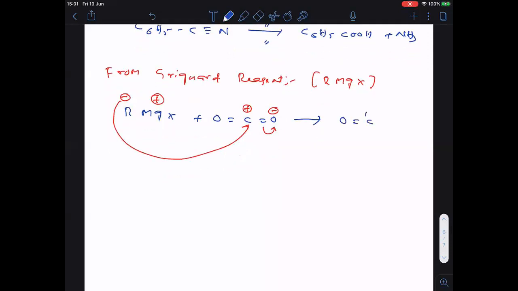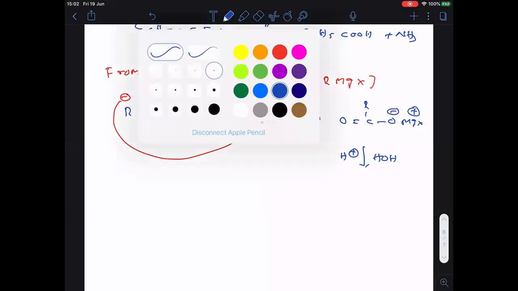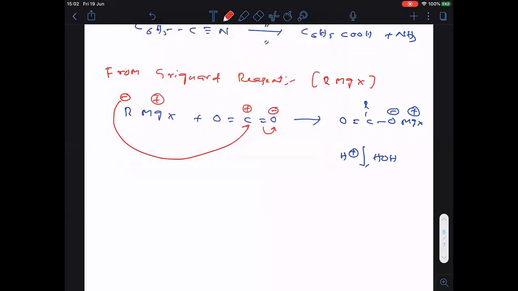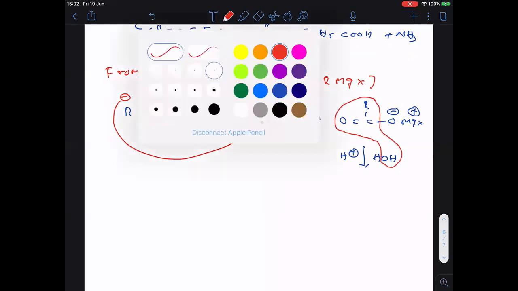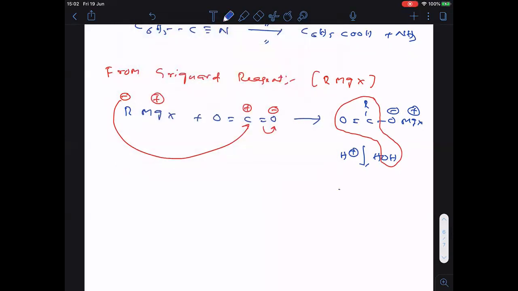O double bonded C, here you will get the R and here O minus MgX plus. Followed by hydrolysis. So remember everyone, this RCOOH is the acid part. Clear everyone?